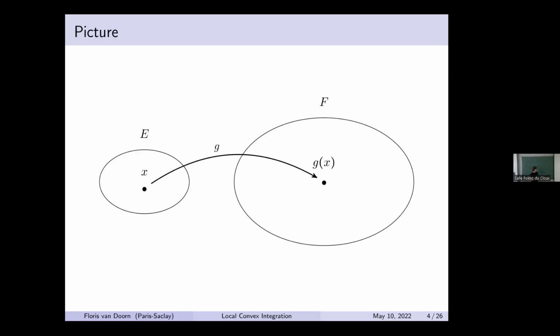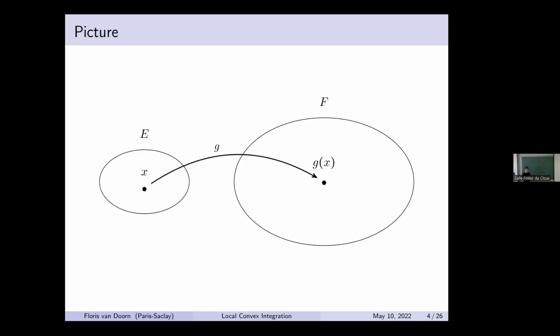Yeah, so as a reminder, this is the main proposition that I'm going to give a proof for in this talk. So I'm going to give this a picture. We have two vector spaces E and F, and we have a map g between E and F. And this g plays the role of the derivative of our function from Patrick's talk at the start.